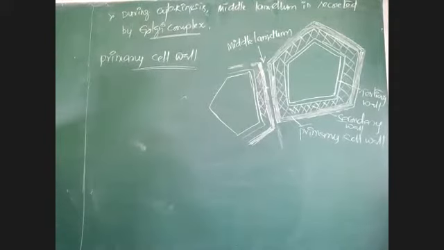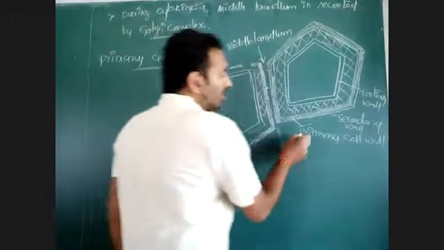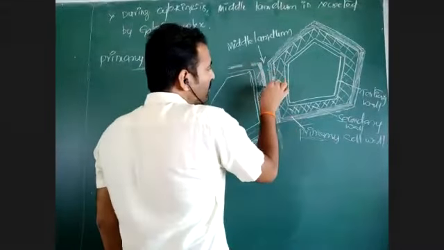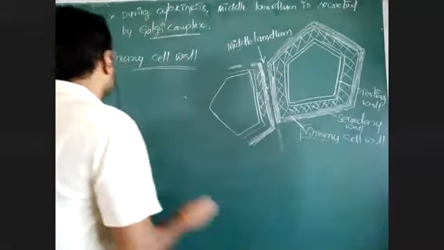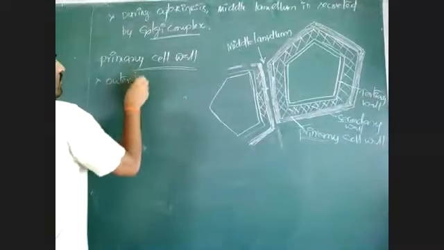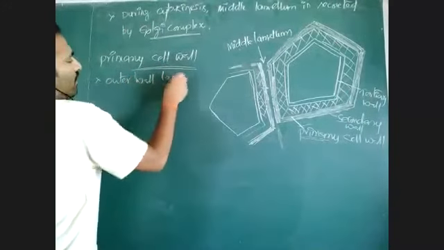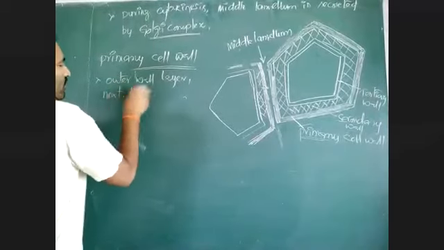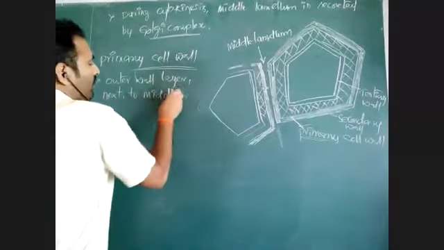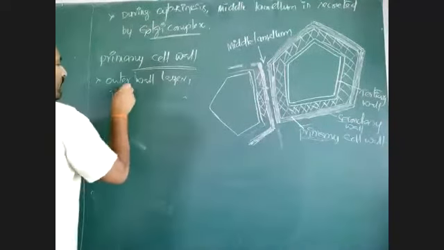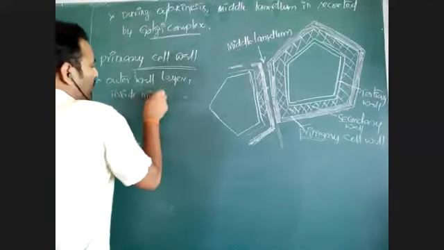Okay, this is the structure. See, primary cell wall. This primary cell wall is the outermost layer from middle lamellum; it is present next to middle lamellum.